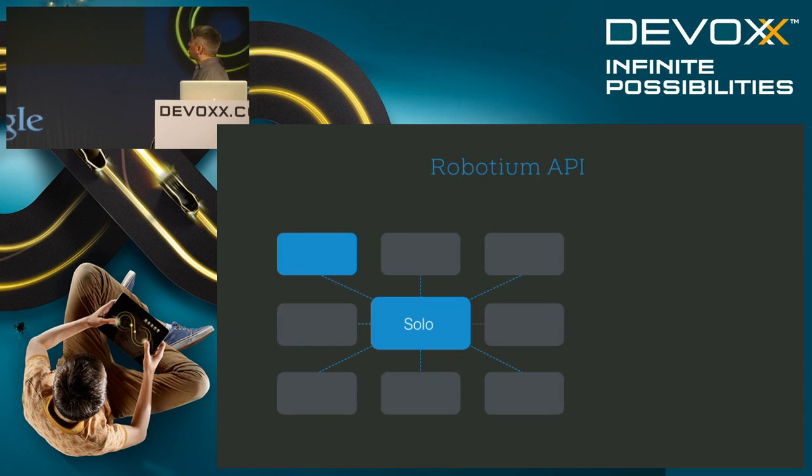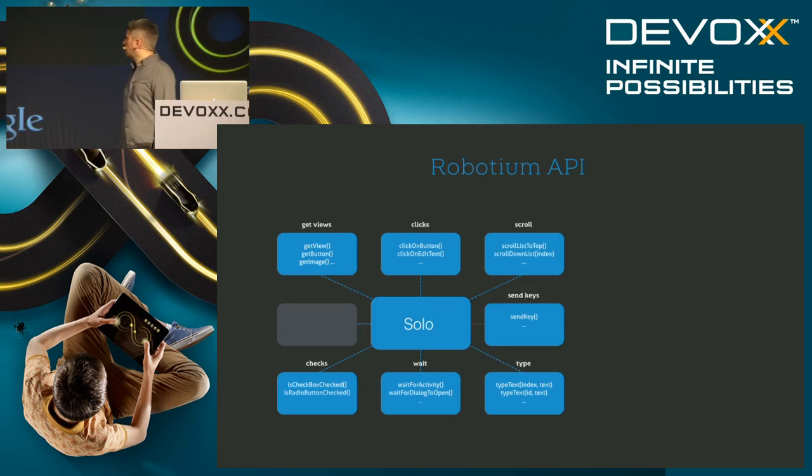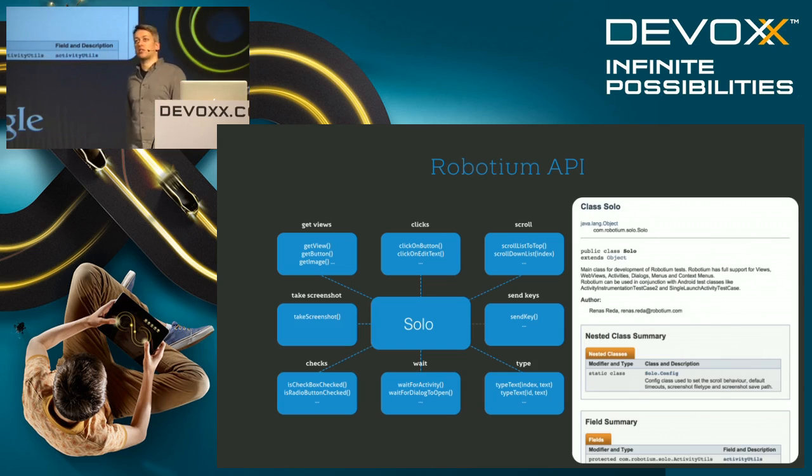Let's take a quick look at the API that you get from Robotium. You can quite easily get a hold of views: get view, get button, get image view and so on. That's already quite nice, and quite easy to work with your UI. It's also very easy to do some interaction like clicks and scrolls. You can quite easily send keys.